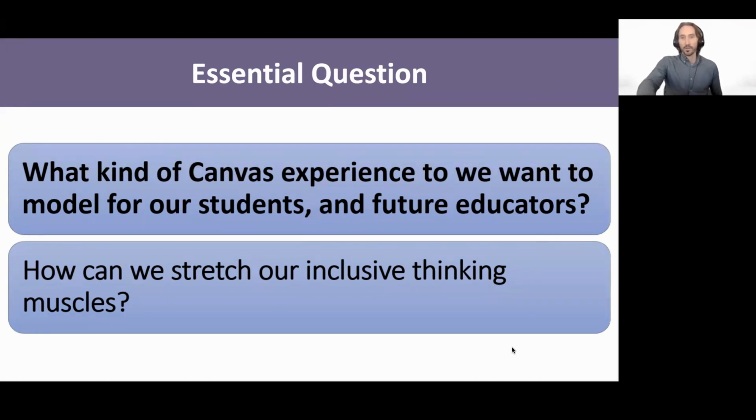Just like the artist is always striving to tap more into their creativity, the performer is seeking to be a better performer, the scientist is always seeking ways to contribute to their field. As educators, we're always striving to do a better job, to be more inclusive. So inclusive thinking, student-centeredness, it's not about trying to think of everything, it is just always trying to do better, always seeking to do better.